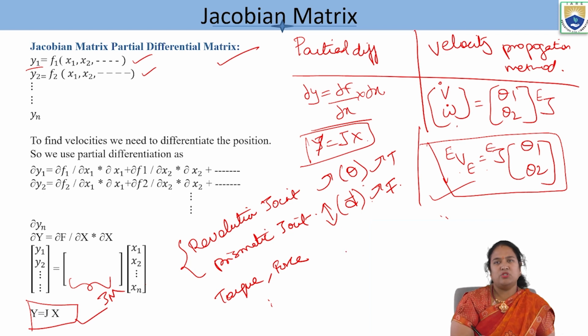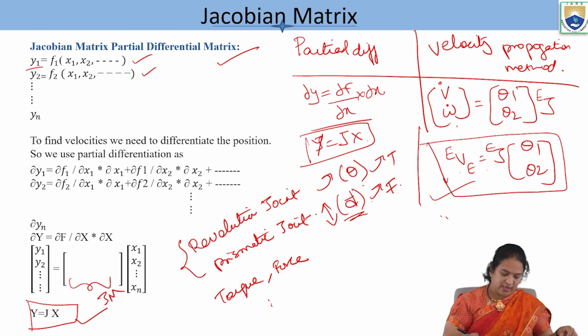Any robot joint which moves in the linear direction, that is a prismatic joint, there we will be finding out the force. In singularity, we find the Jacobian matrix by partial differentiation or the velocity propagation method. And in order to find out the torque and the force, we use the type of the joint.